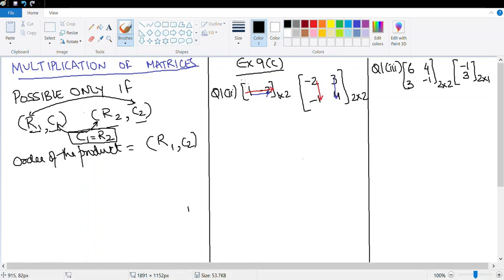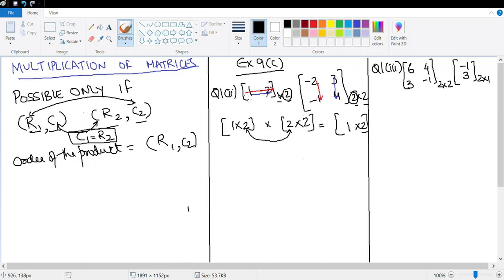Right now we are multiplying a 1 by 2 matrix, 1 row 2 columns, with a 2 by 2 matrix. Let's first check compatibility. The two middle numbers are equal, which means they can be multiplied, and the order of the final matrix will be a 1 by 2 matrix.